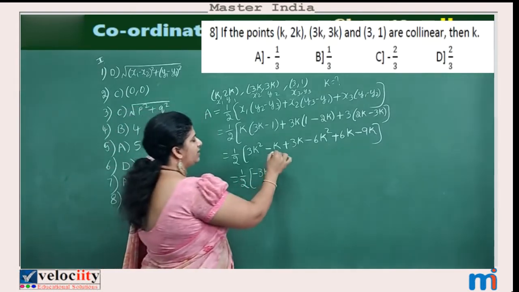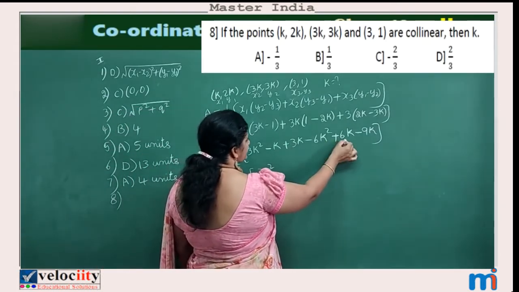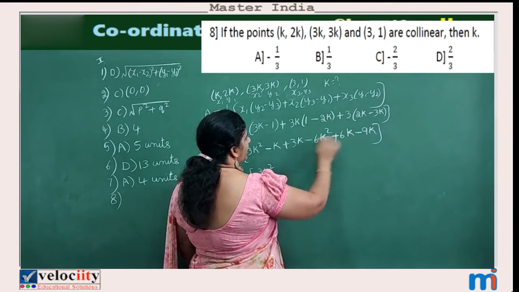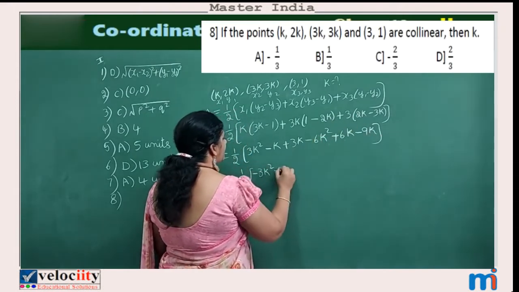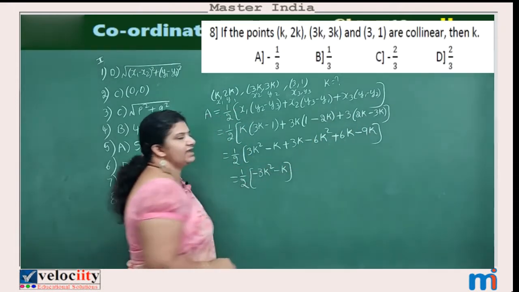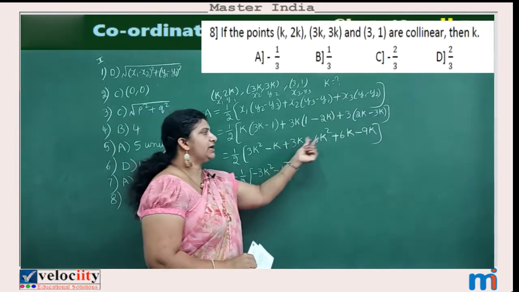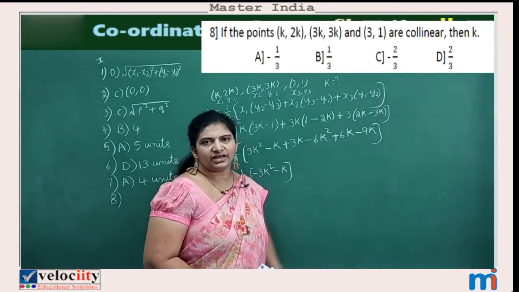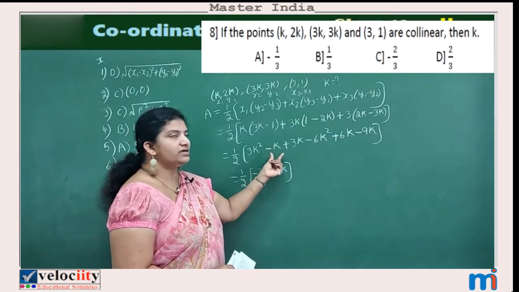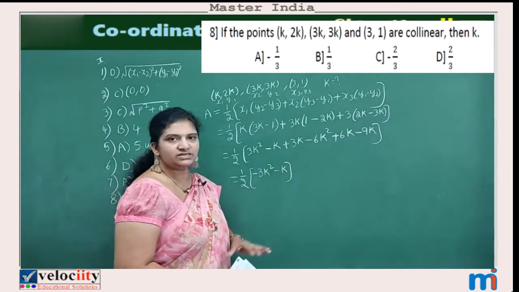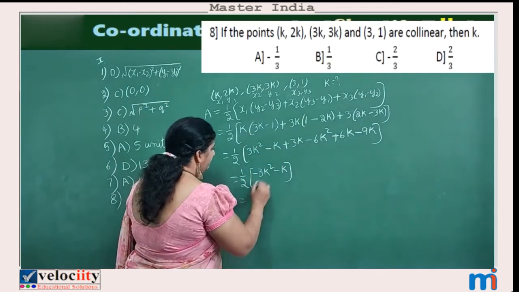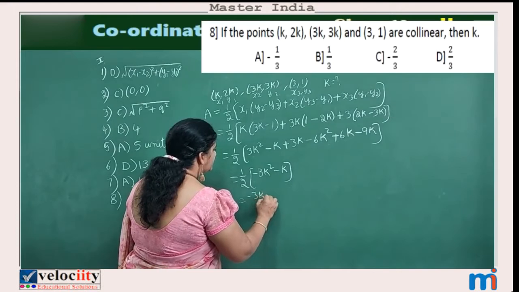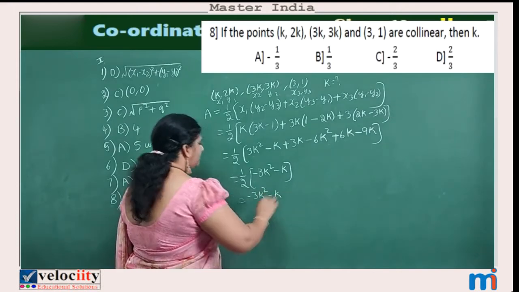Here 3k, 6k and 9k: 3k plus 6k will be 9k, and 9k minus 9k cancels, and you get only minus k. Now I will write minus 3k square minus k.